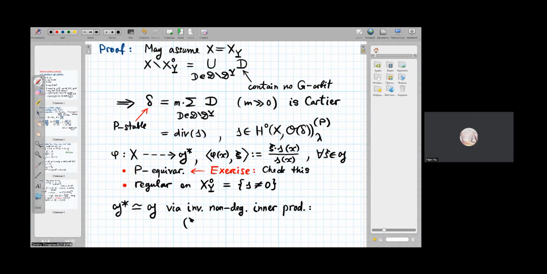The inner product of psi with eta can be defined as the trace of the product of psi and eta in the usual sense, if we consider them as linear operators on some vector space. To this end, we can embed G in some GL_n. Any algebraic group can be embedded in some GL_n.